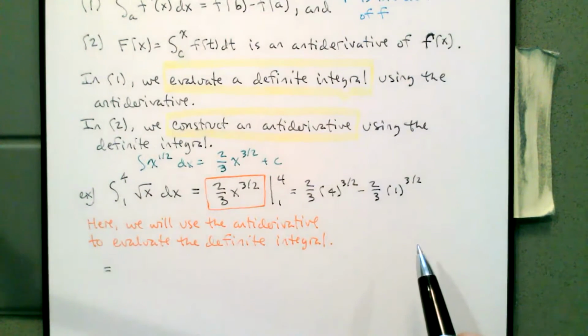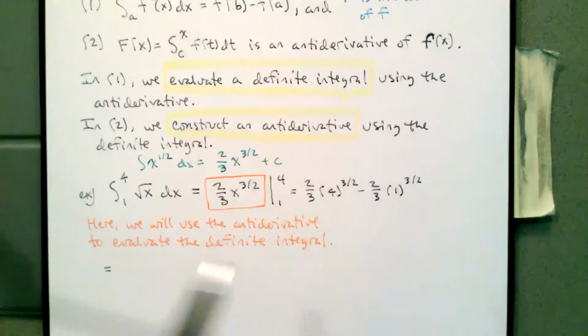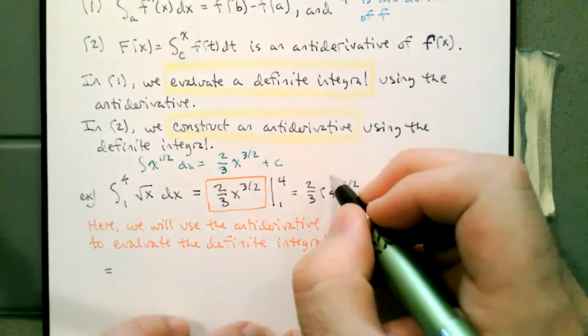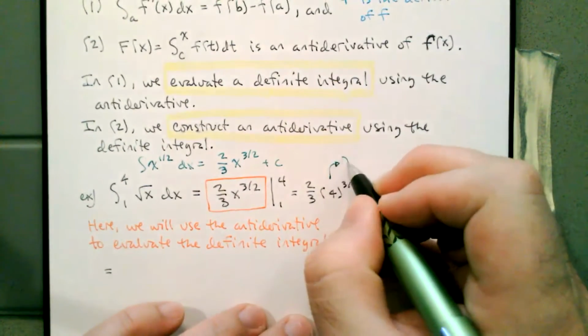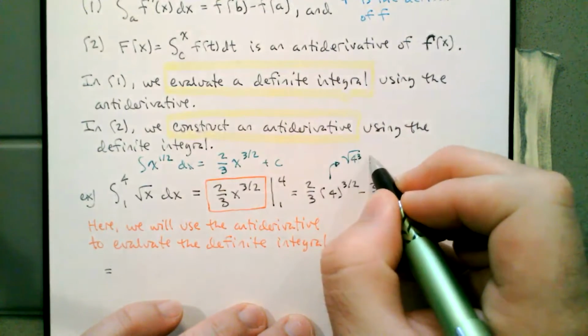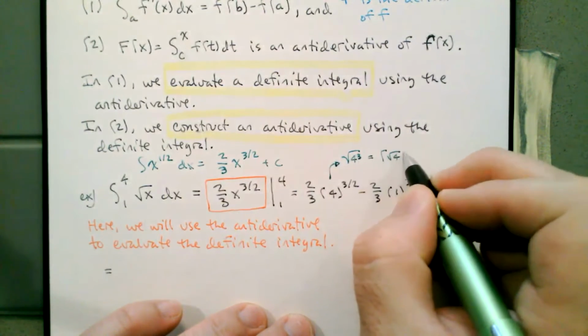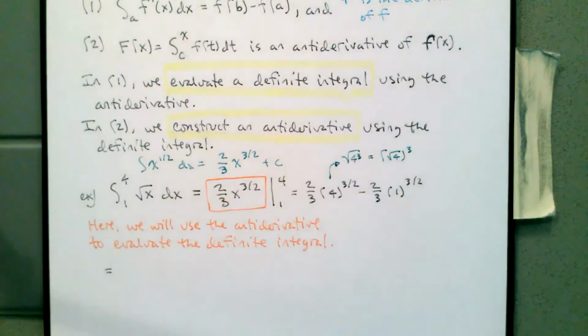Four to the 3/2 is the square root of 4 cubed. So the square root of 64 is 4. Sorry, the square root of 64 is 8. I was looking at all the 4s. The square root of 64 is 8, or 2 cubed is 8. In either case, we get 8.